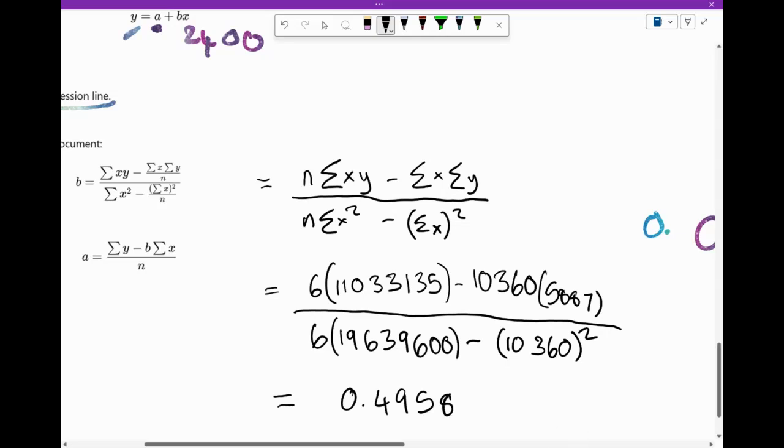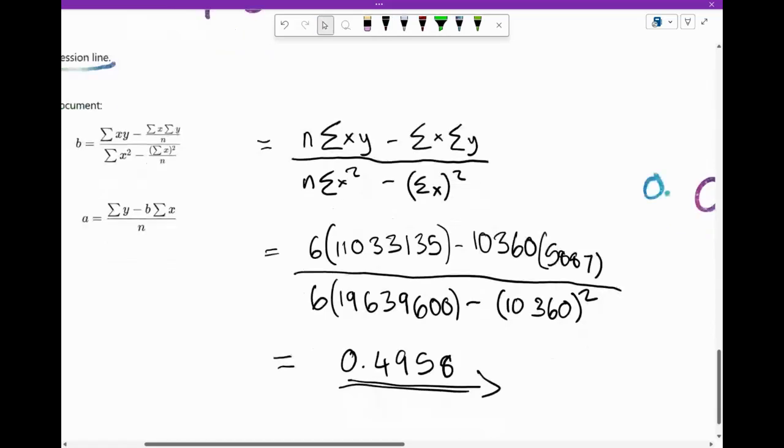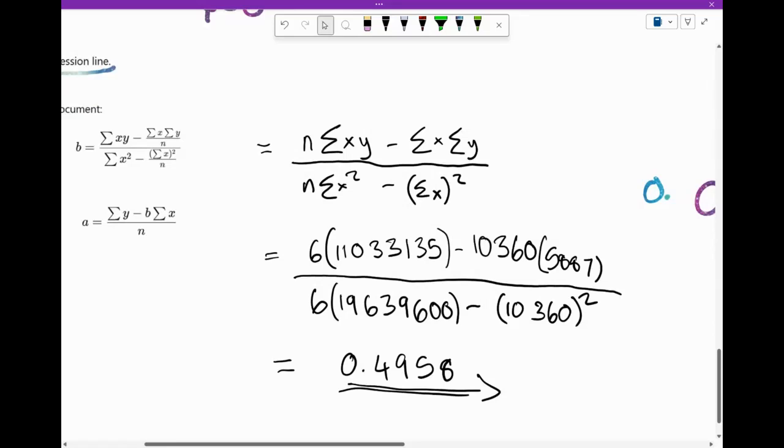All right, so that is what they are also getting over here. So this is now our slope.